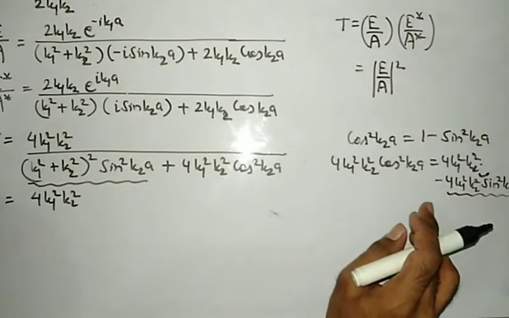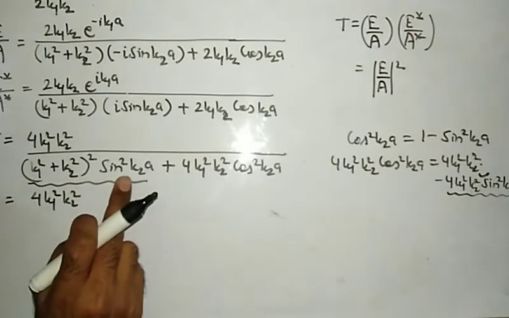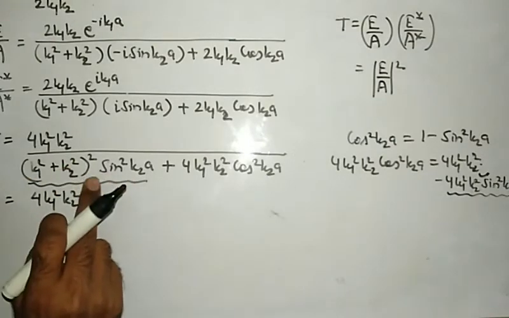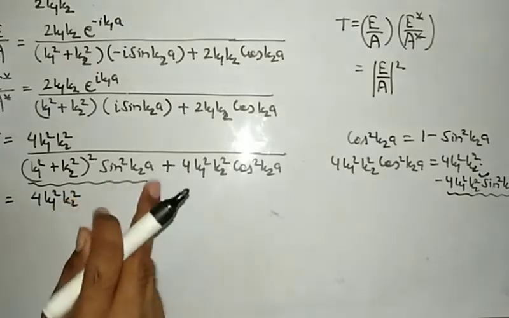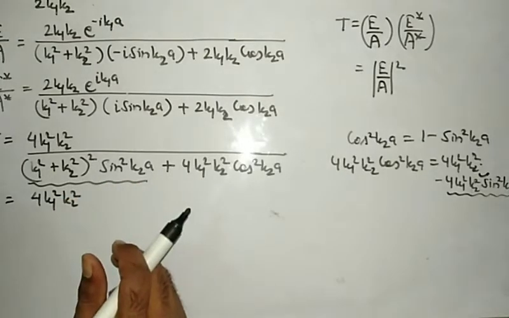So what we get finally? We get k1 square sin square k2a plus k2 square sin square k2a minus 2 k1 square k2 square sin square k2a.